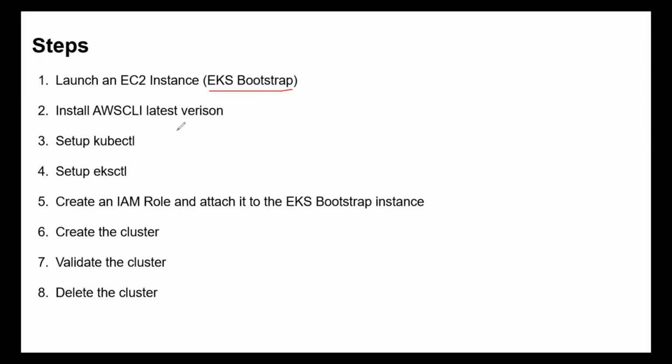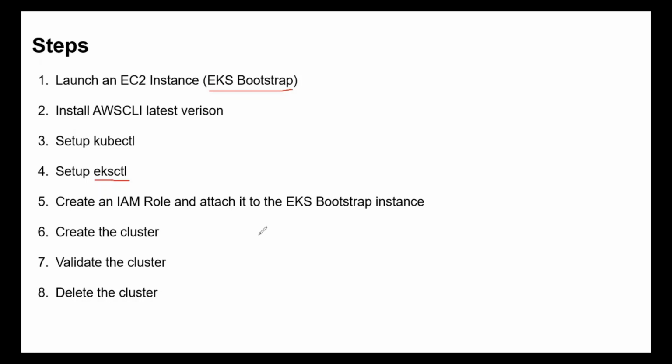Then we will install the AWS CLI latest version, which is the prerequisite. Then we will set up the latest version of kubectl. We will set up the latest version of eksctl. So eksctl is the command line interface with which you can talk to the Kubernetes cluster in EKS.